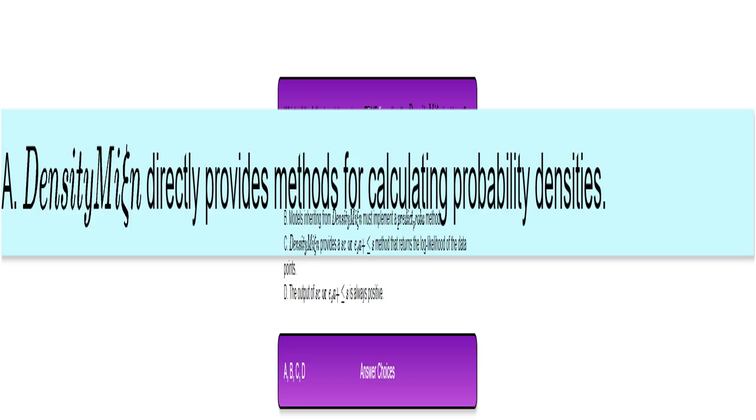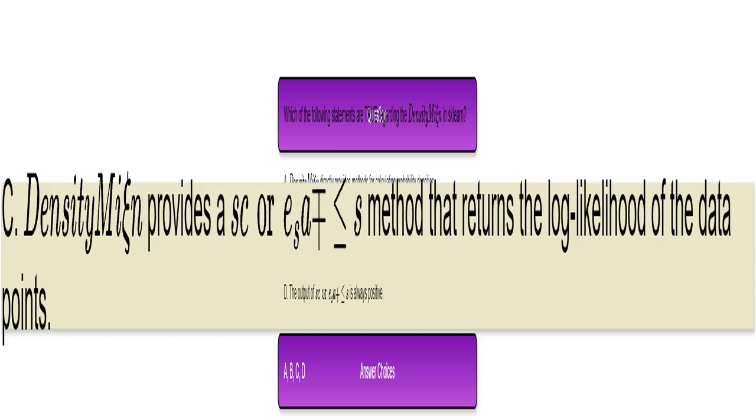Incorrect again. While many density estimation models will have a predict_proba method to predict probabilities, DensityMixin doesn't enforce this. The core method provided by DensityMixin is _score_samples. This is the correct answer. The _score_samples method is the key.